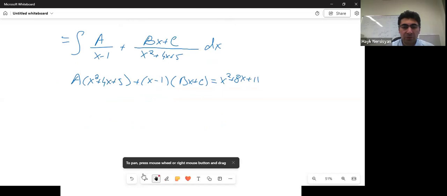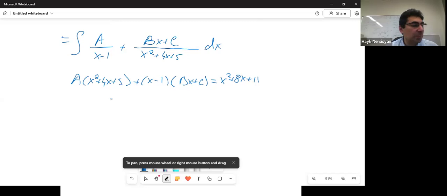And now how we can calculate a, b, and c. Either open all brackets and coefficient of x squared should be 1, coefficient of x 8, and the constant 11, or plug 3 values for x and get 3 equations for a, b, and c.